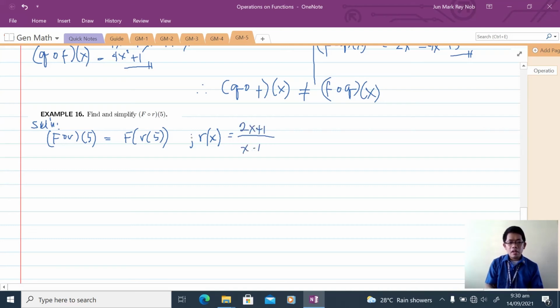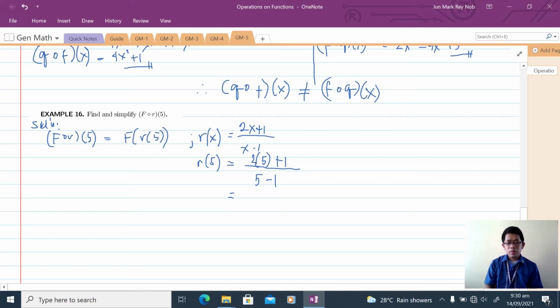Since we will be solving R of 5, we will replace all x with 5. So we have 2 times 5 plus 1 over 5 minus 1.